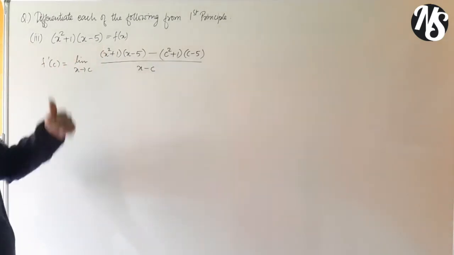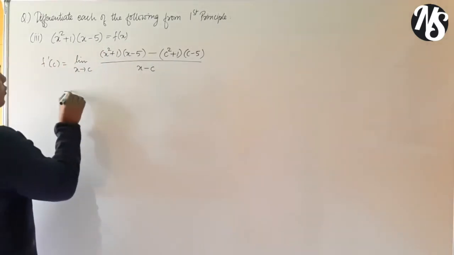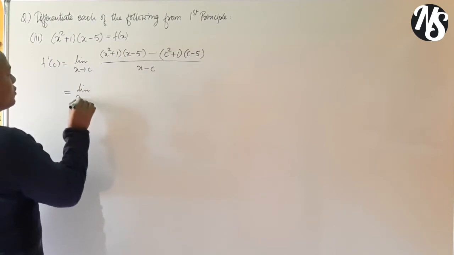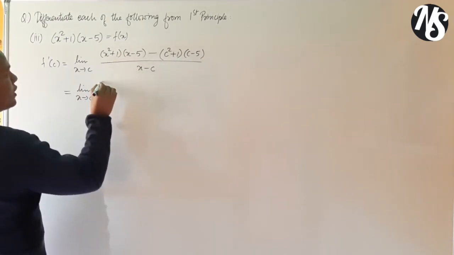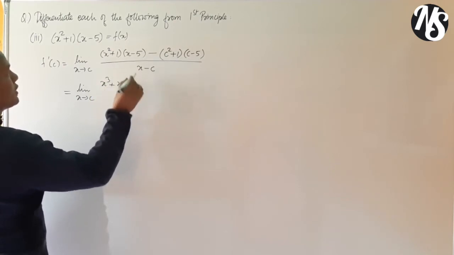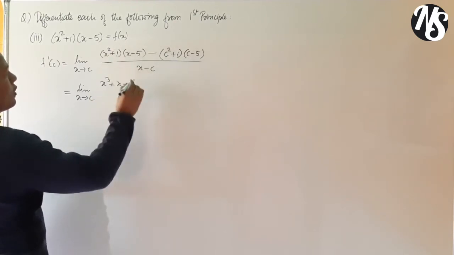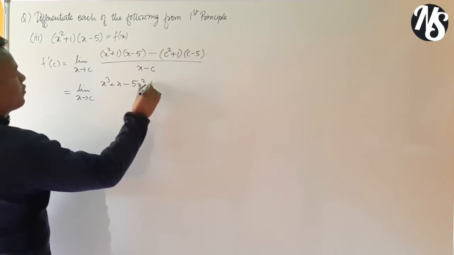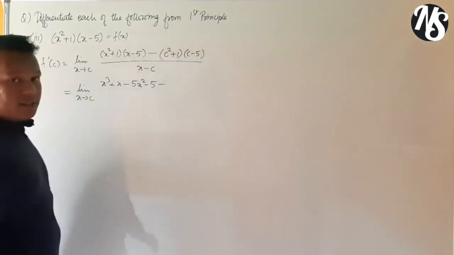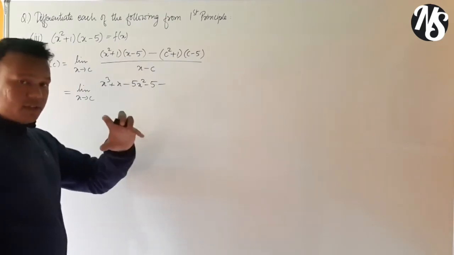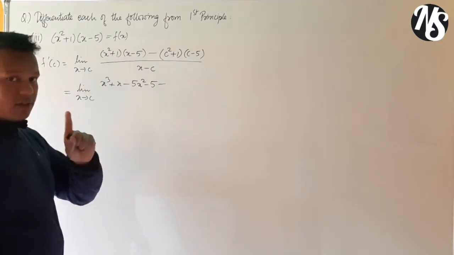Simple. Let's open up the bracket and see how much we get. So we get limit x tends to c. Let's multiply this: x into x square, x cube plus x, minus 5x square minus 5. Similarly minus, since there is a minus sign, all the signs will get the opposite sign, please remember.